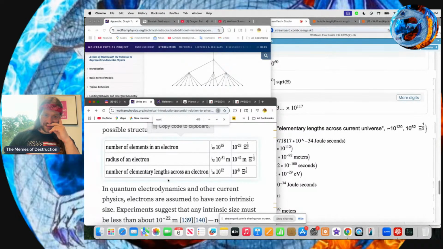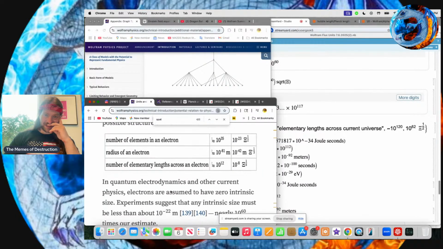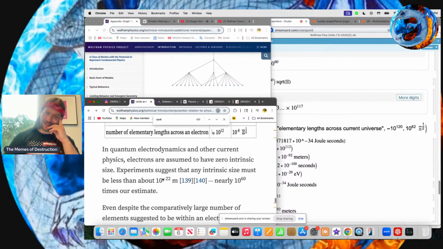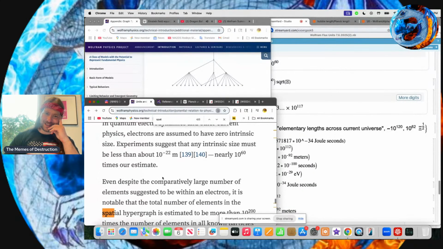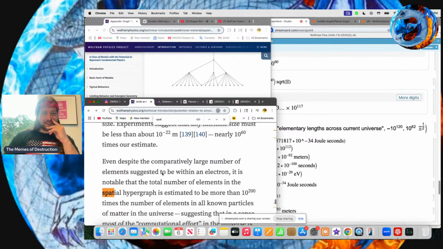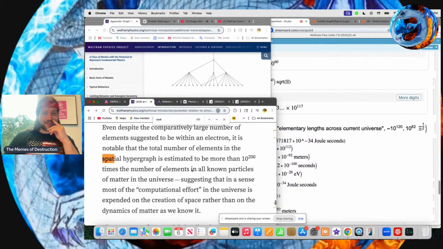Where elementary lengths. Okay. Quantum electron, the current price is assumed to have zero intrinsic size. A large number of elements.